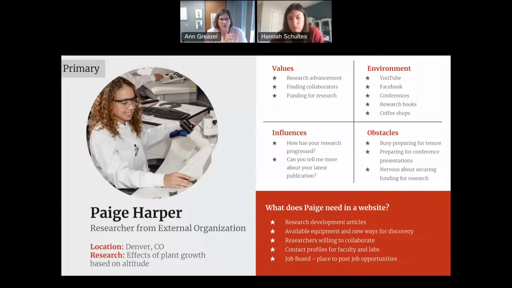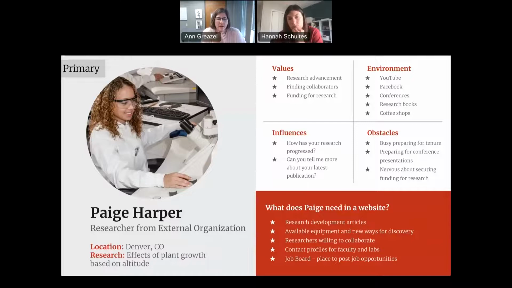Researchers willing to collaborate. If you have specific researchers in your lab that are making advancements on a specific finding and are looking for folks, then you can highlight them, promote them, and bring that to the surface so folks know.